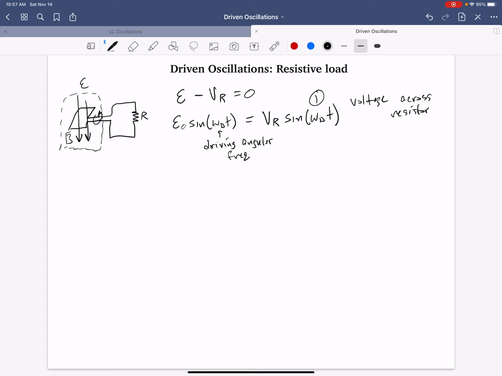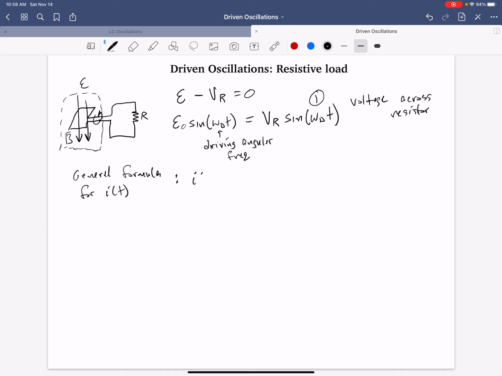Now, let's look at the current. In general, that's right, general formula for a current with a sinusoidal EMF. I'll write it as I of t, okay? Since this voltage source is varying sinusoidally, that current also varies sinusoidally, right? Thanks to Ohm's law.